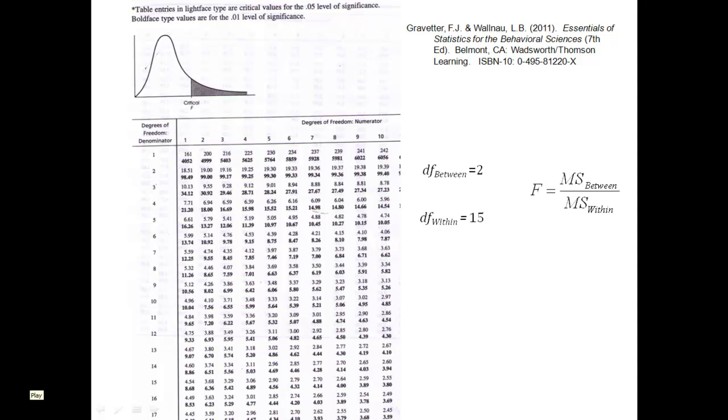So let's go ahead and do that. So we know that our degrees of freedom for the numerator is 2, and our degrees of freedom for the denominator is 15. And if you put your fingers and trace those columns and rows together until they touch, you will touch at 3.68. So we know that our critical value for this data set is going to be 3.68.